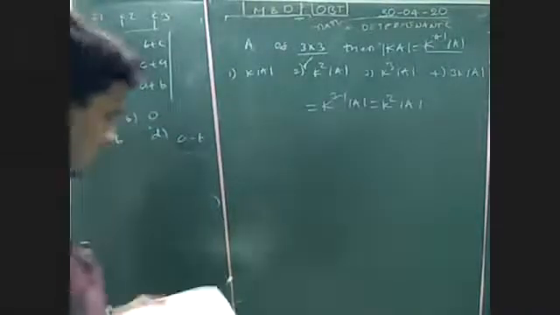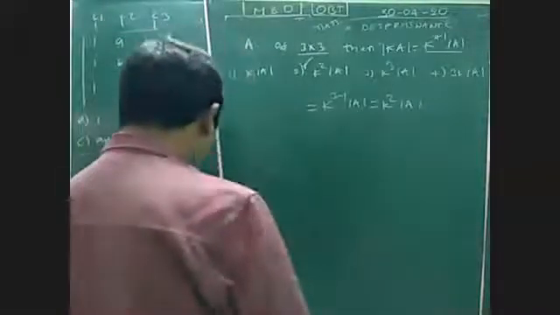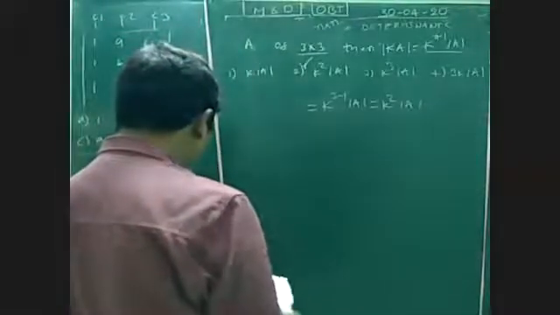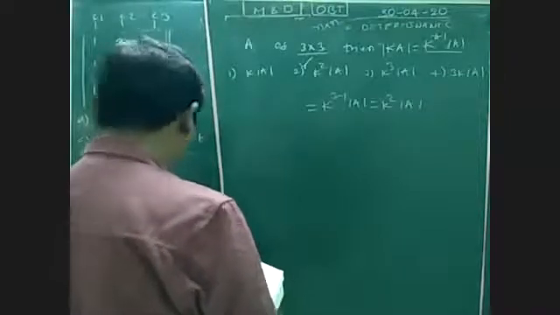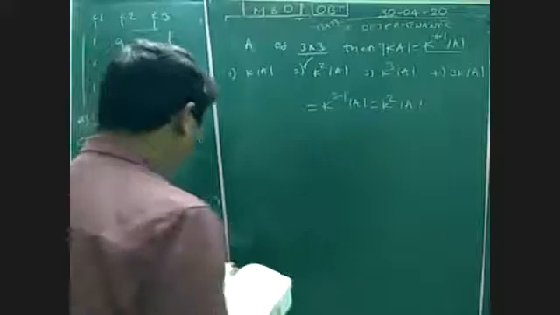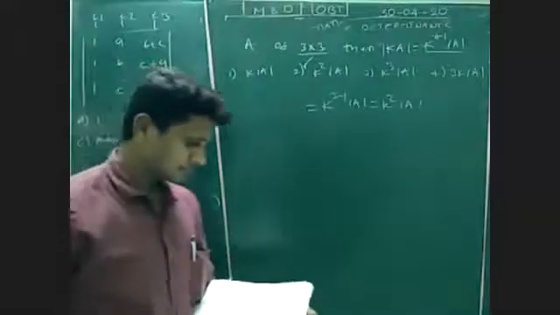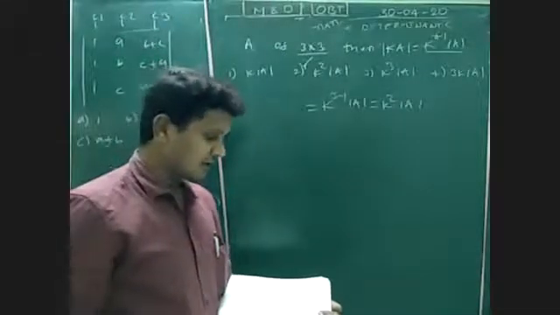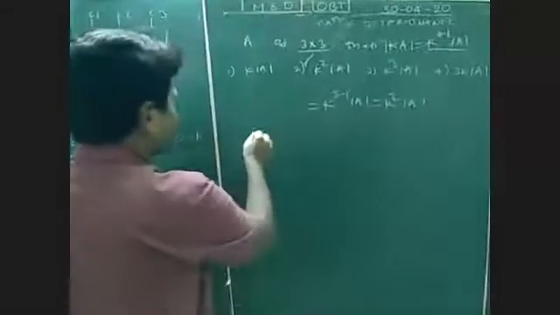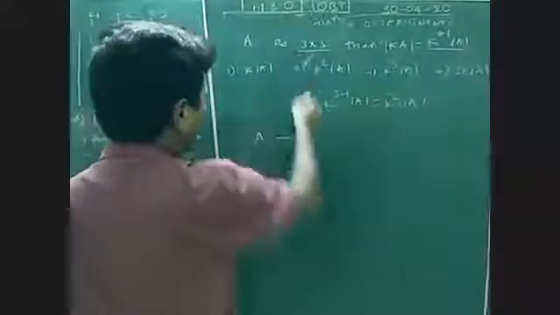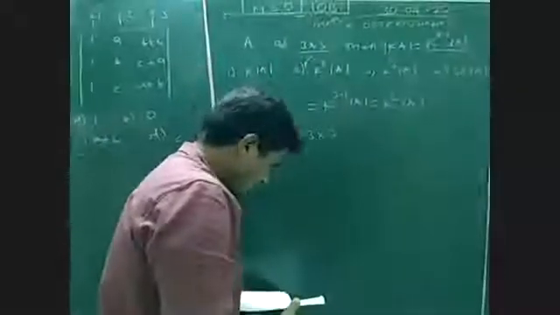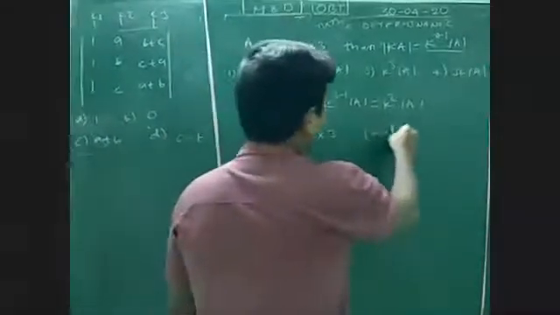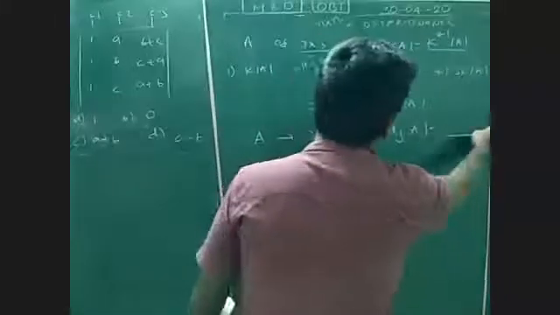Another question is, A is a non-singular matrix of order 3 by 3. Then the determinant of adjoint of A is equal to what?